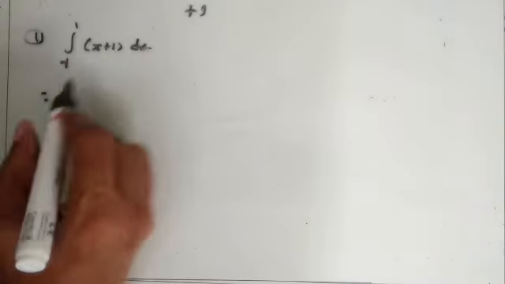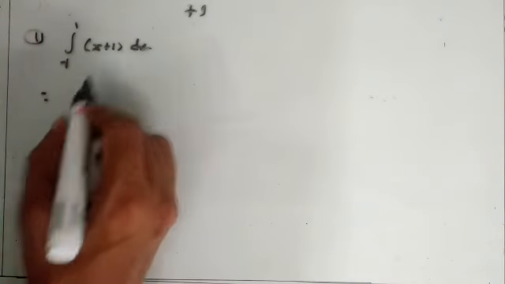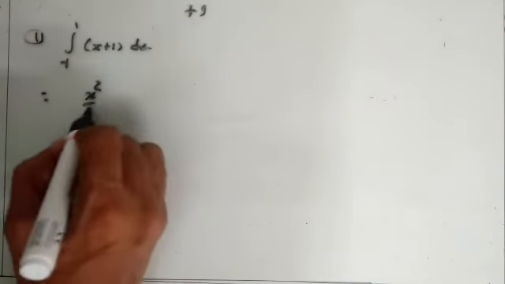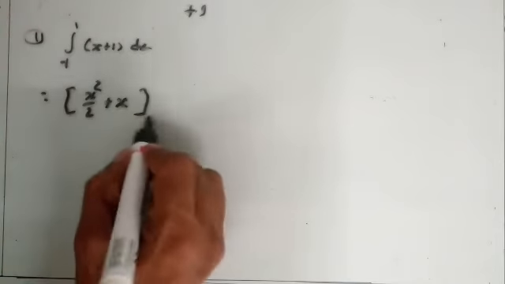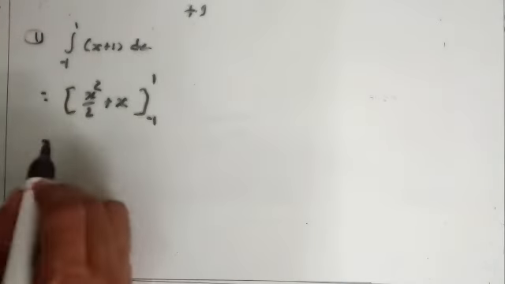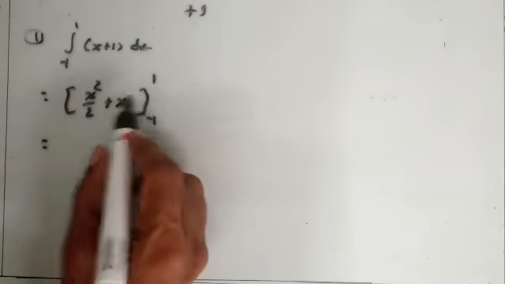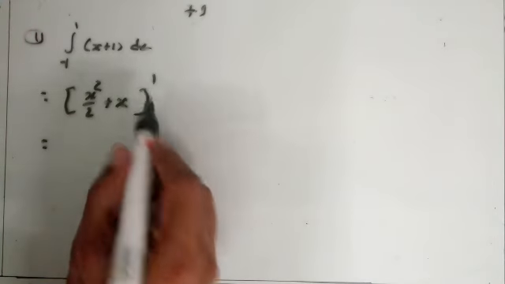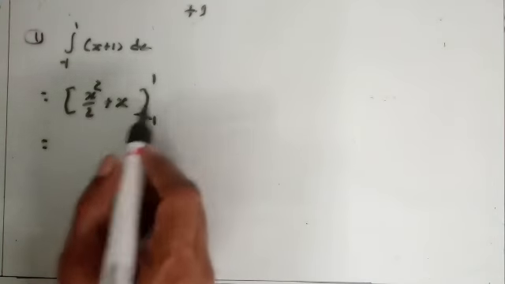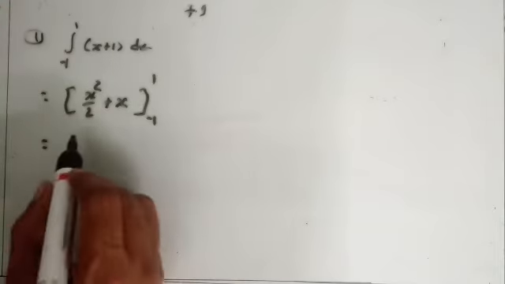We know that the integration of x plus 1 is x square upon 2 plus x. Now apply the limit -1 to 1. Clear? So we know that F(x) from a to b gives F(b) minus F(a).